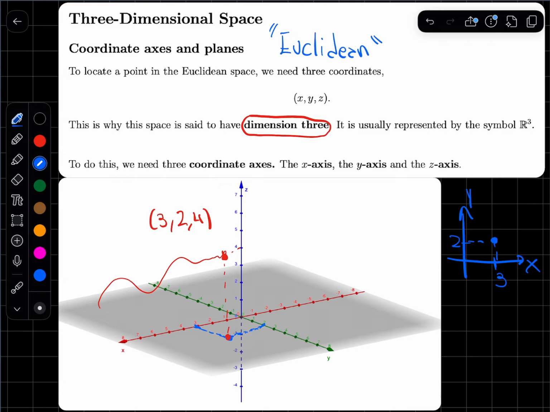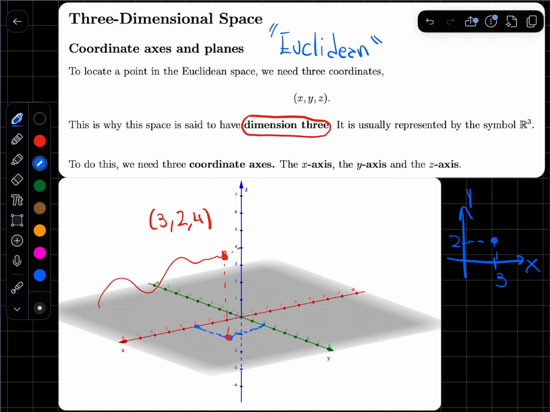But I might drop it in this class. Generally in calculus you don't go over non-Euclidean geometry, but it exists, and sometimes people are going to have to be more specific and use these words, say Euclidean or non-Euclidean. For us here, though, things are always going to be Euclidean, so it's okay to drop the word Euclidean and just say 3-dimensional space, 3D space.